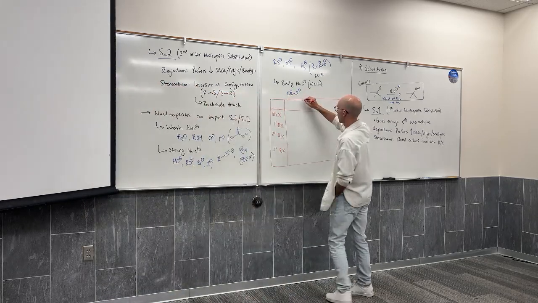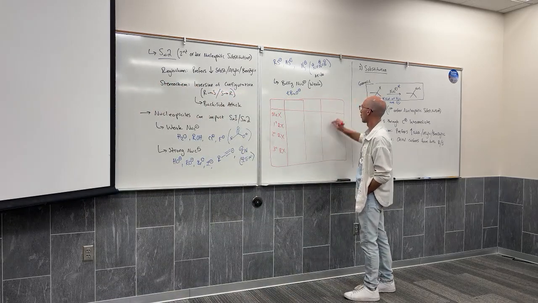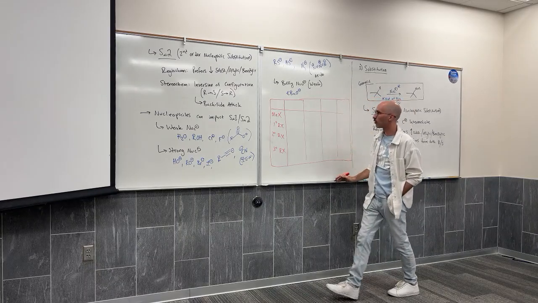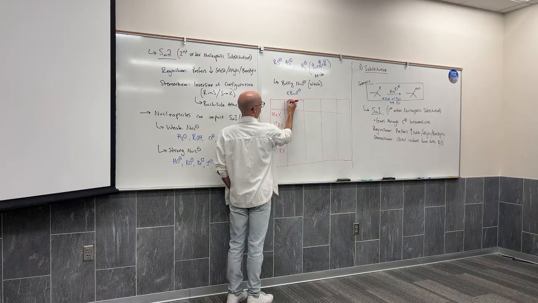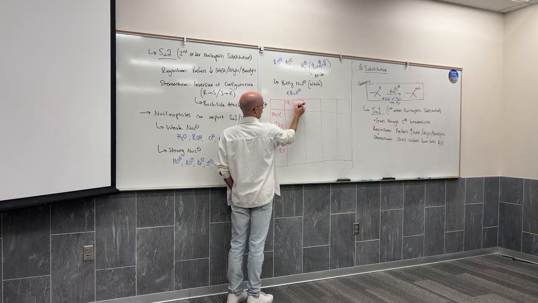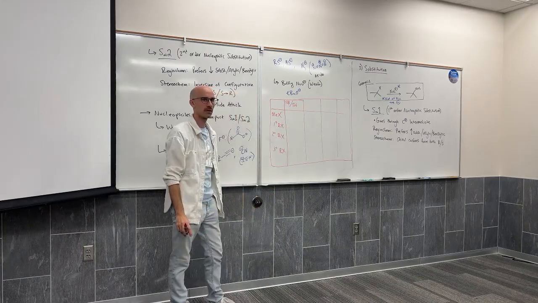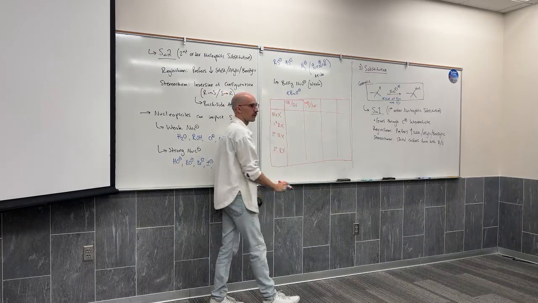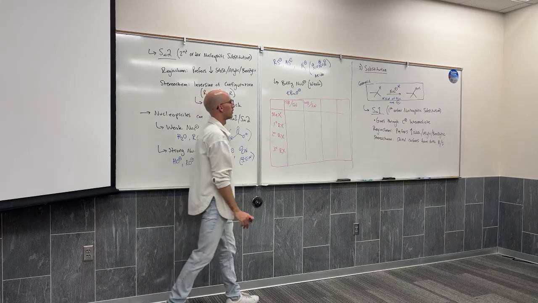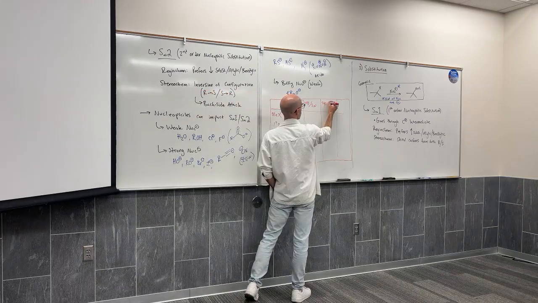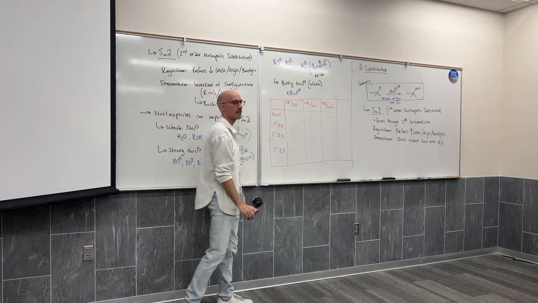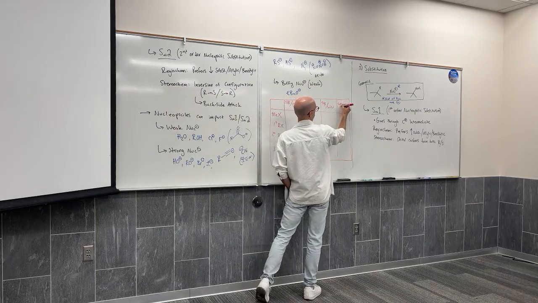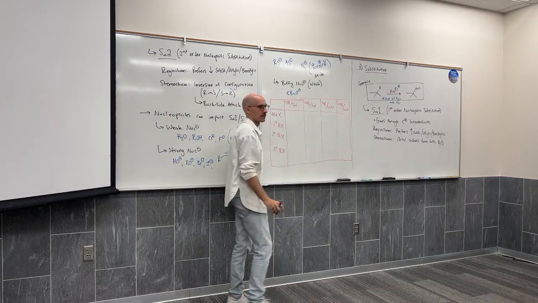Across the top, we're going to create 4 categories of reagent. Those are reagents that are strong bases and strong nucleophiles, weak bases and strong nucleophiles, strong bases but weak nucleophiles, and weak bases and weak nucleophiles.